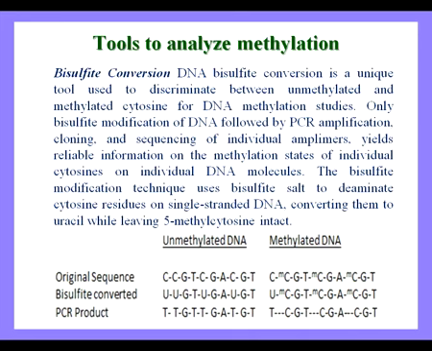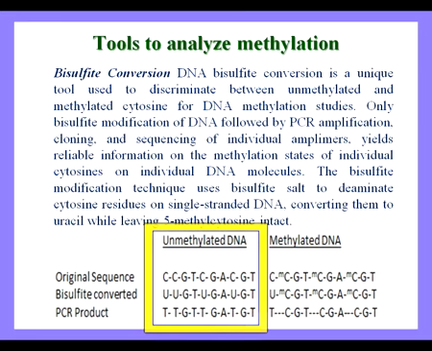That is, cytosine gets converted into uracil. The unmethylated cytosine gets converted into uracil because of the oxidative deamination. But the methylated cytosines, they remain intact. They still have their methyl group attached. So, in three different steps of sequences, we can find out the pattern of DNA methylation.